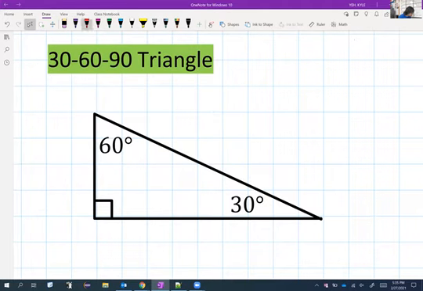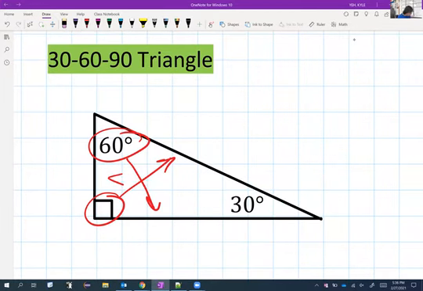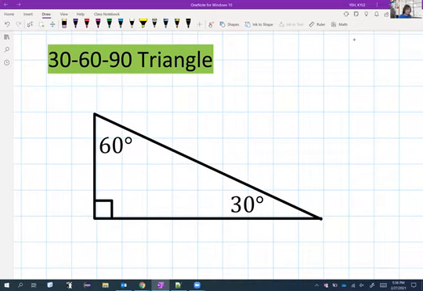As you can see, we referenced this theorem from geometry. The smallest angle is across from the shortest side. The medium angle is across from the medium side, and the largest 90-degree angle is across from the longest side, the hypotenuse. So we're going to get three different side measurements here.